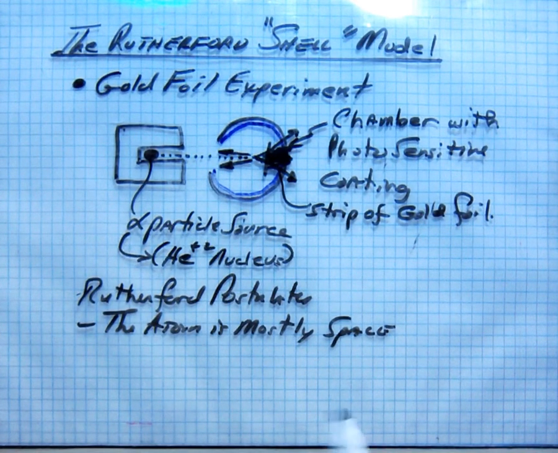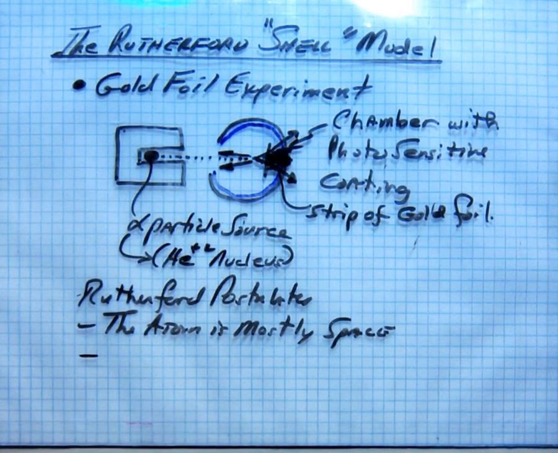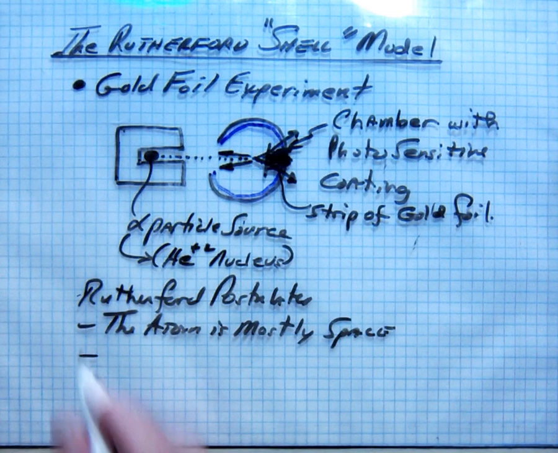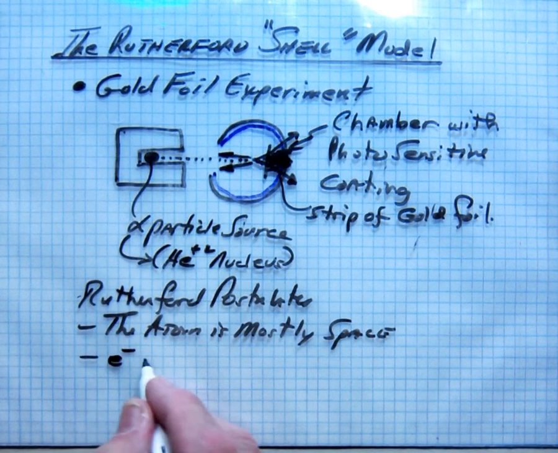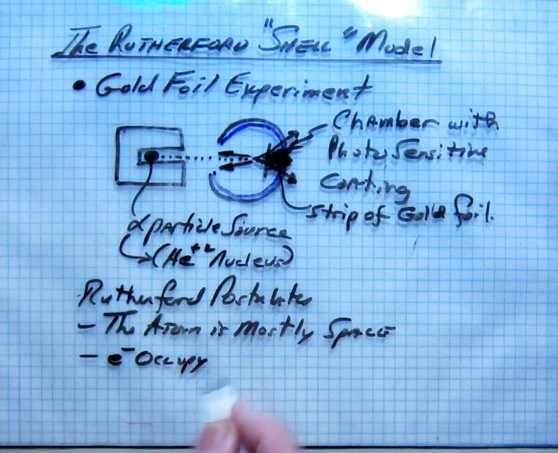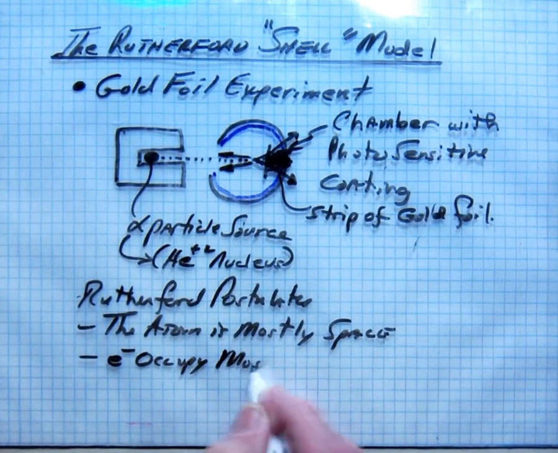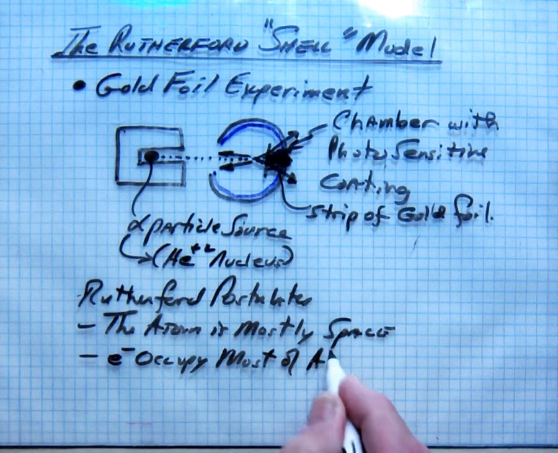It's mostly space, but the electrons occupy all of that space. Now, he did not define the concentric ring or the orbital behavior. He just said it's a cloud. That's all he said. So the second one is electrons occupy most of atomic space.